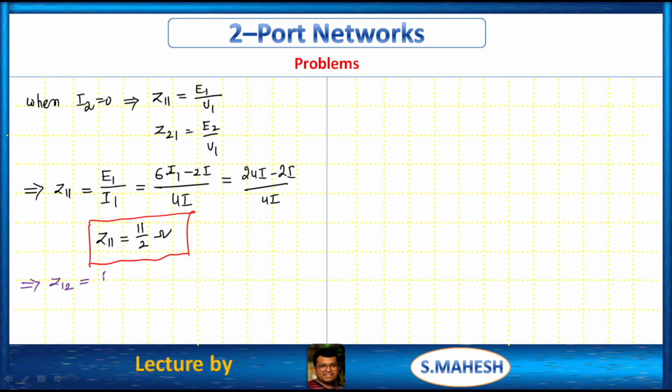Now it's time for Z21, which equals E2 by I1. Sorry, this is E21.